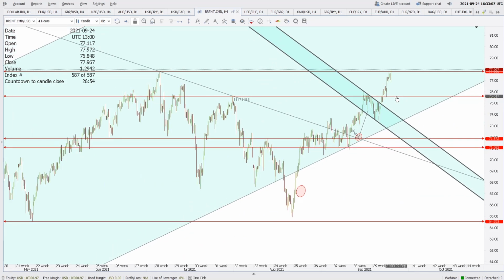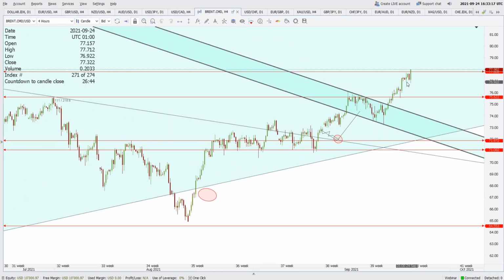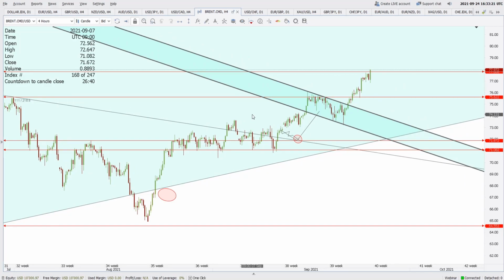But it has gone through these two resistances here, which you can see of 6th of July and almost of 24th of September. That is yesterday. Actually, it was 24th of September only on the 4-hour chart.